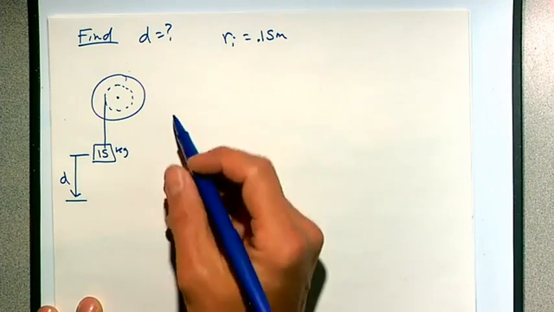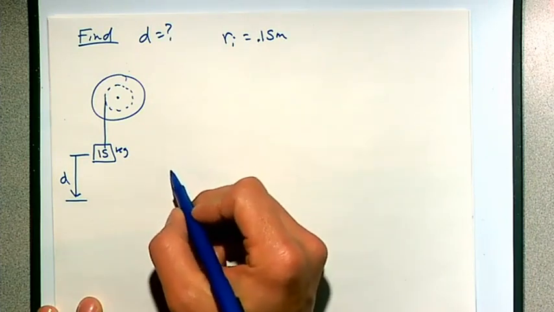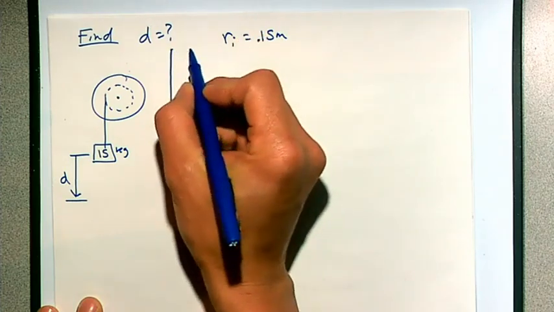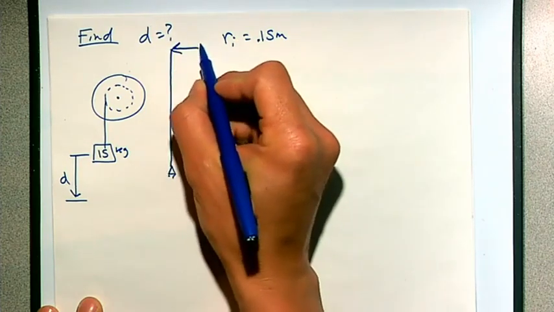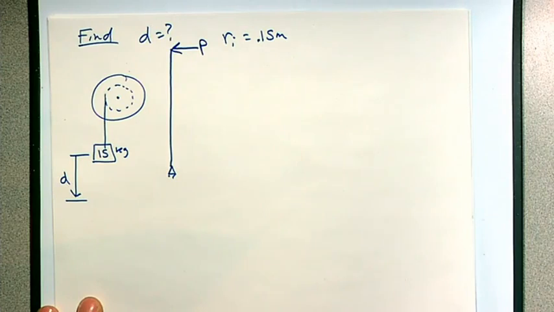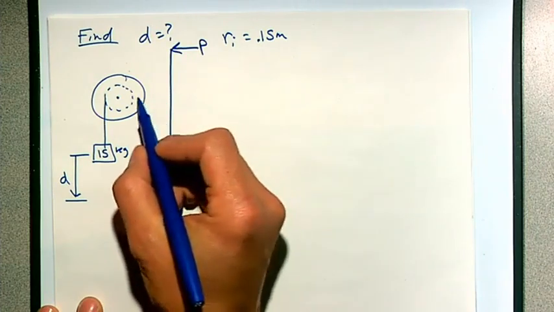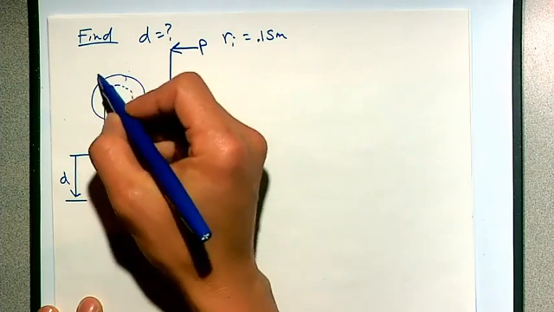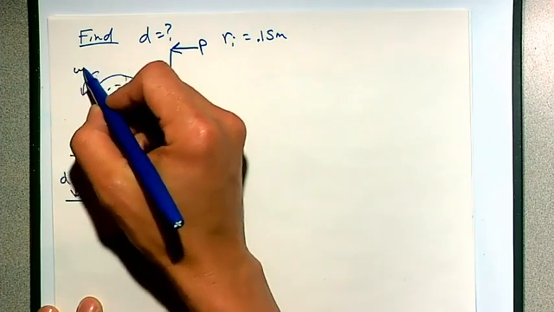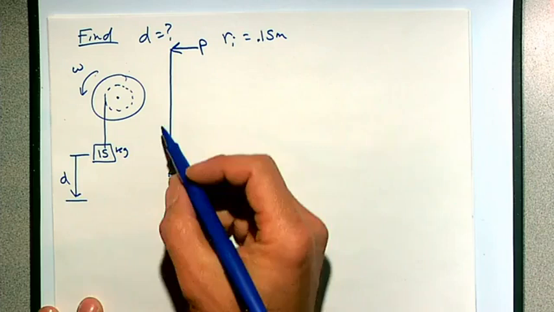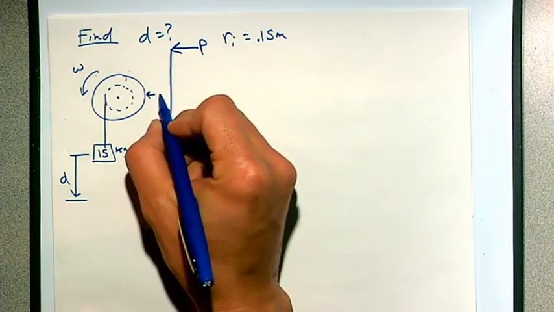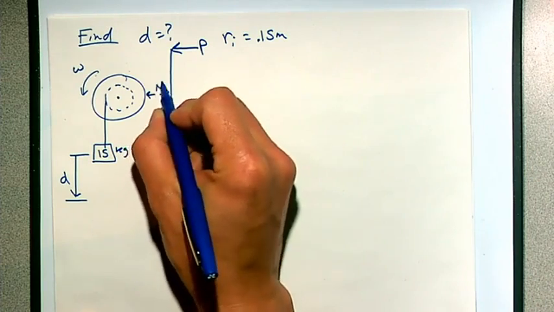And what's happening on the other side here? I got this arm. I'm going to draw it out a little bit. I'm pushing on this thing with some force P. And then what's going on here? I've got this disc rotating this way. So I've got a normal force acting between these two guys.